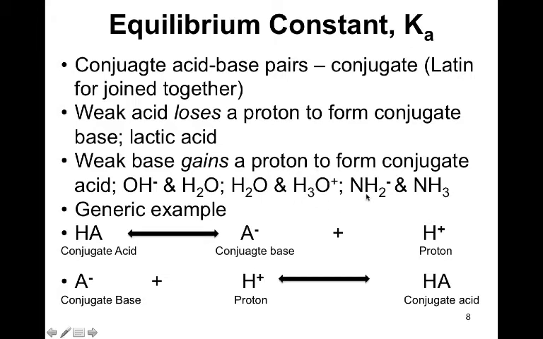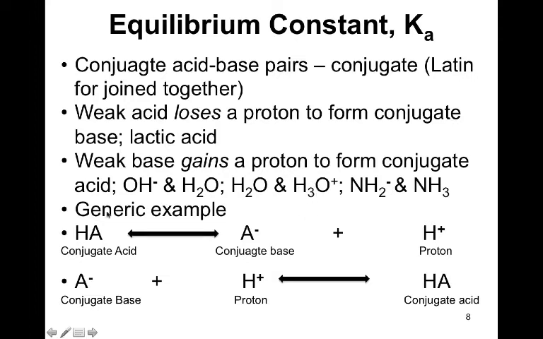Amide anion, NH2 minus, a weak base, on gaining a proton will form ammonia, which is the conjugate acid of the conjugate base. So I hope you appreciate how this is all relative. Okay, now the water molecule is a weak acid for the conjugate base, which is hydroxide ion. On the other hand, water in this example is a weak base for which the conjugate acid is the hydronium ion.